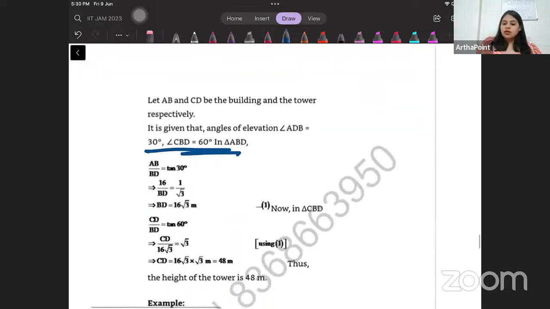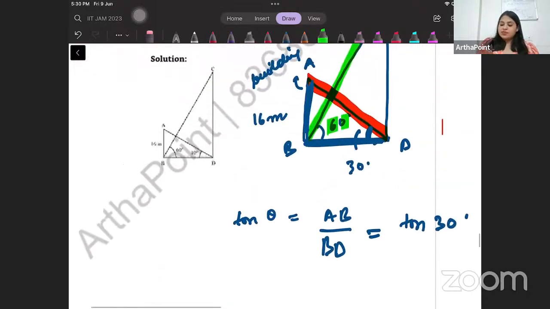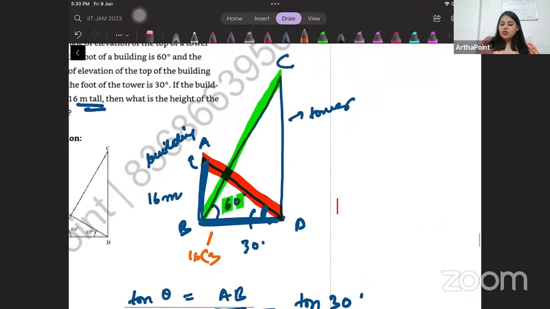So from here, we know that tan 30 is 1 by root 3. We know that AB is 16. BD is not known to us. So BD will come down to 16 root 3. So beta, this BD is now 16 root 3. Now look at this triangle. In this also, tan theta will be CD by BD.